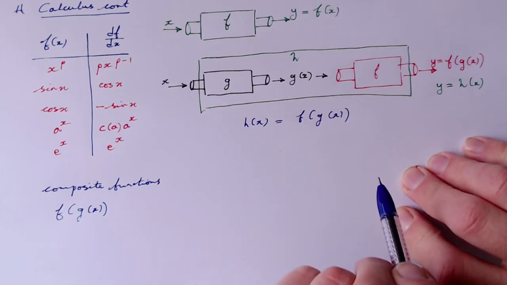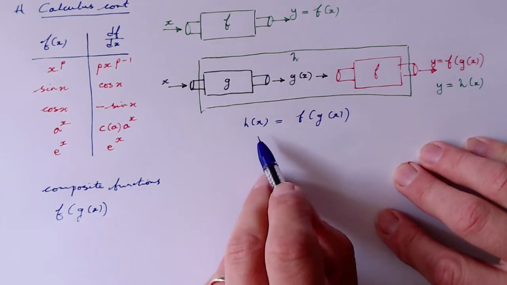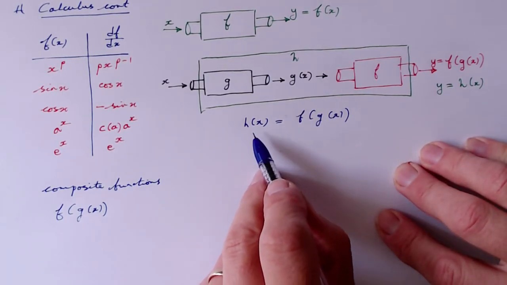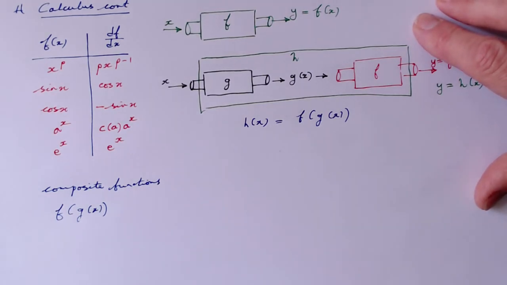So what we would like to do is work out the derivative of this function. We would like to work out dH by dx. So we can approach this in the following way.